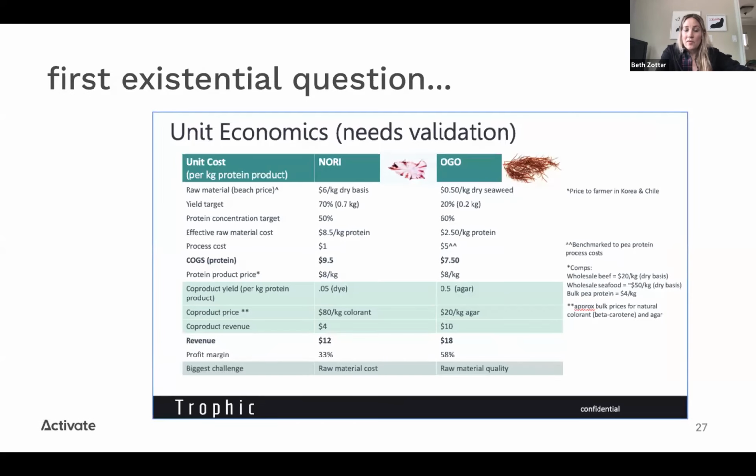And then here's our unit economics. This is basically the model that I go back to. I don't even do it in Excel, I just do it on a PowerPoint slide. What's the cost of raw material? What's the yield of that raw material from our process? What's the processing cost per kilogram of product? And again, the process cost I'm using by analogy.